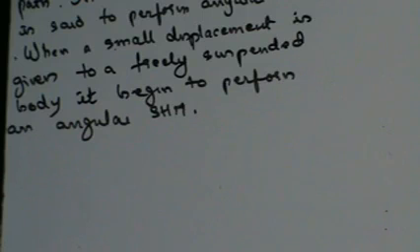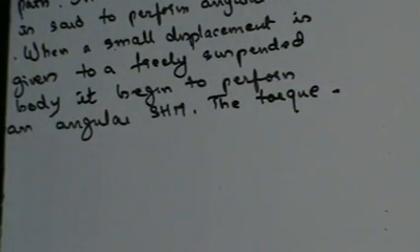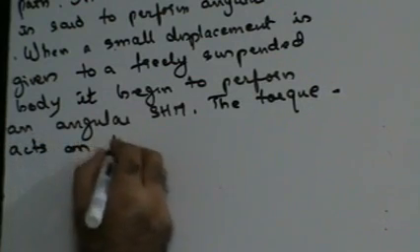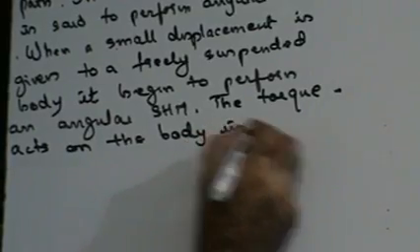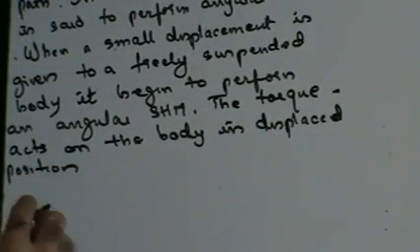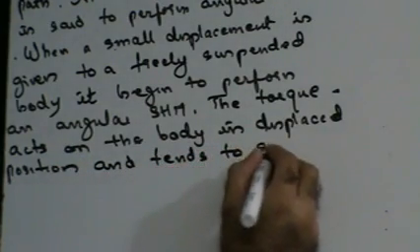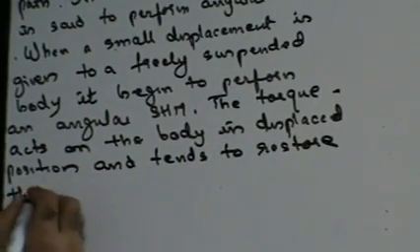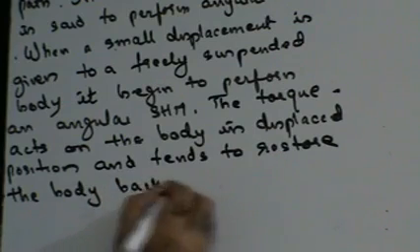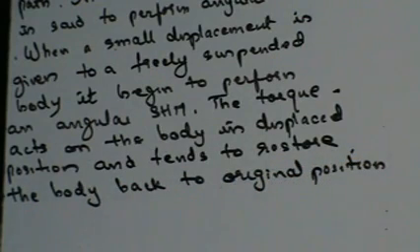So the torque acts on the body in the displaced position and tends to restore the body back to the mean position, the original position. So the torque is going to try to bring the body back to the original position.